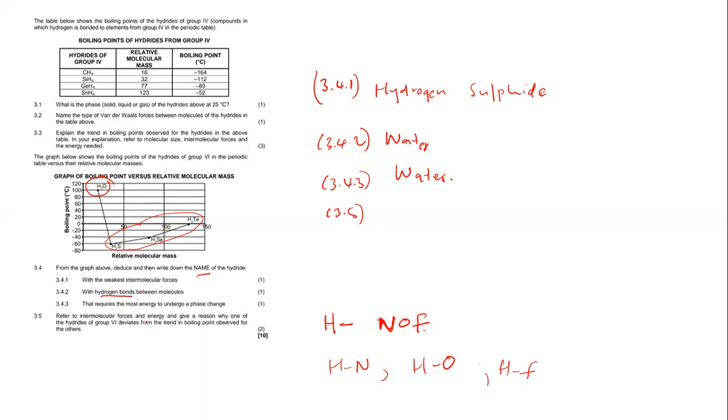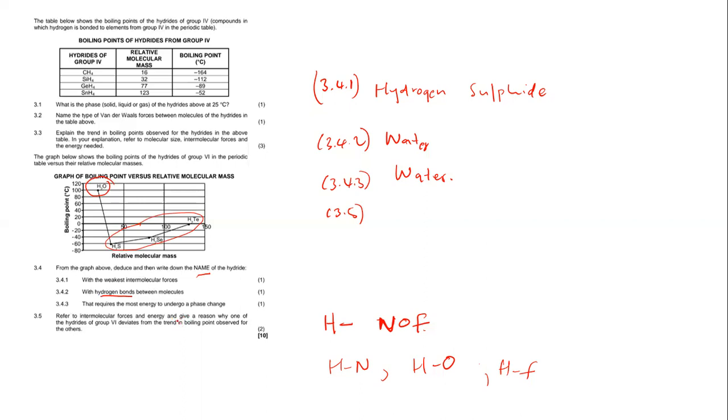Number two, we're going to refer to the energy. For water to change its state, we need more energy due to the greater strength of intermolecular force compared to these three. And therefore, now we understand why water deviates that much in terms of its boiling point.